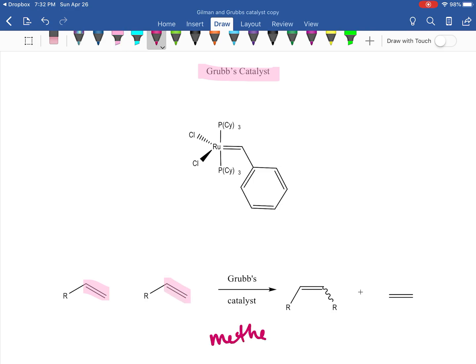All right, so let's take a look at another one of our couplings. And that's our Grubbs catalyst, certainly more modern. The idea of coupling between two alkenes, or something called a metathesis reaction, has been around since the 60s and 70s. It's been around with other catalysts.